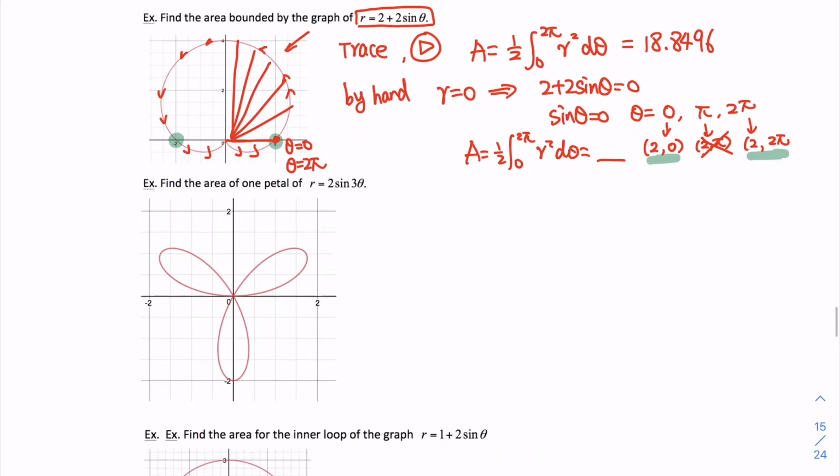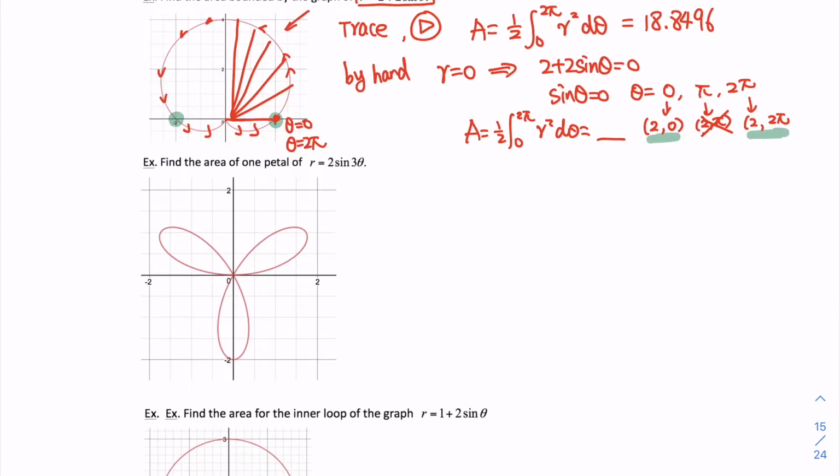Let's have a look at this second example. Find the area of one petal of this function. If you plot it, it should look like this. Do the same thing, trace, hold it. When theta equals 0, it's right here, going counterclockwise.